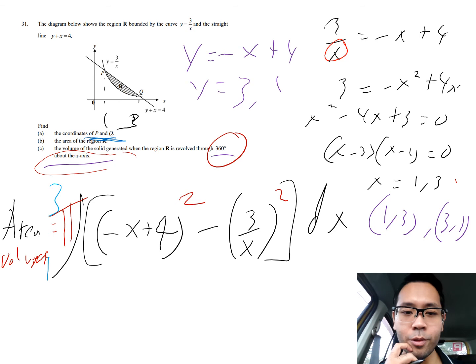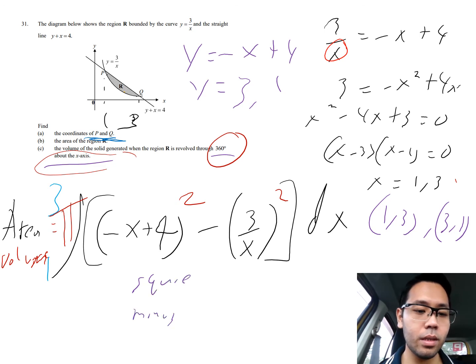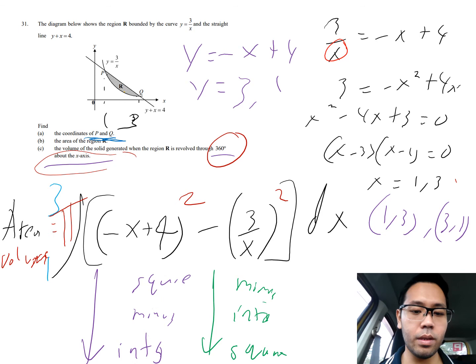Remember, you need to square then integrate, not integrate then square. The correct way of doing it is square, then integrate, not the other way around. If you do integrate then square, this one is wrong.